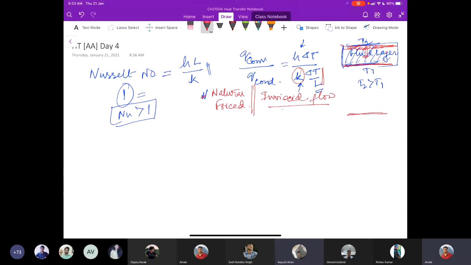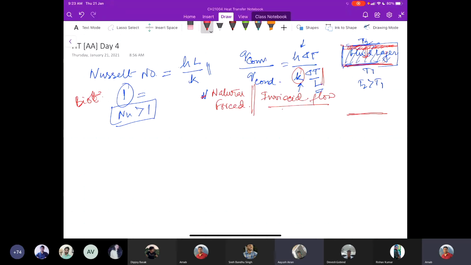Okay. And in future, you would hear another term similar to this Nusselt number called the Biot number. Sir, when we equate the equations, we assume that the heat due to convection is equal to heat due to conduction, applied at the very adjacent layer near the surface boundary layer.